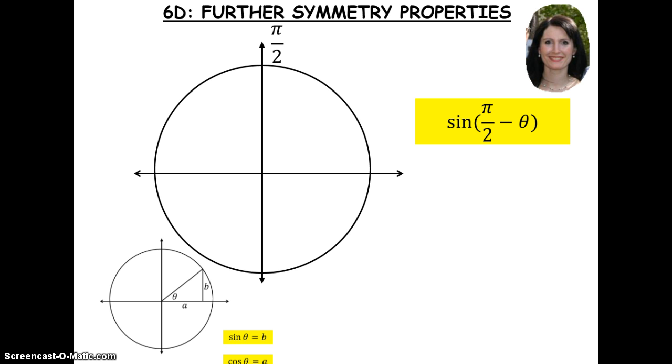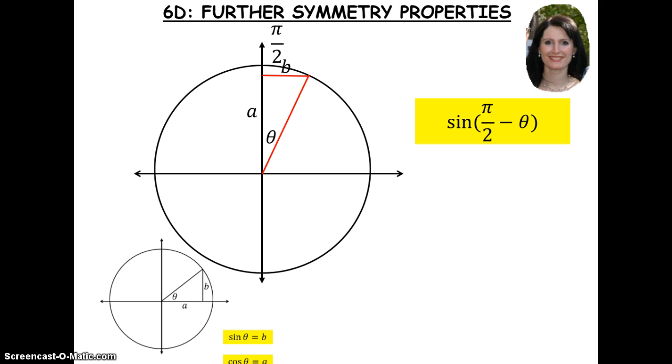Let's look at sine of pi on 2 minus theta. So theta in the little unit circle down the bottom, remember we've said that sine theta is B and cos theta is A. Let's draw that in there. So let's now take that theta and put it so that the triangle looks like that red one there. So the B value is now going to be at the top.